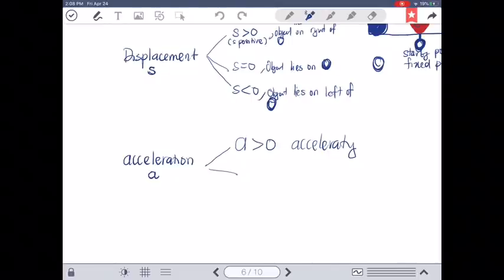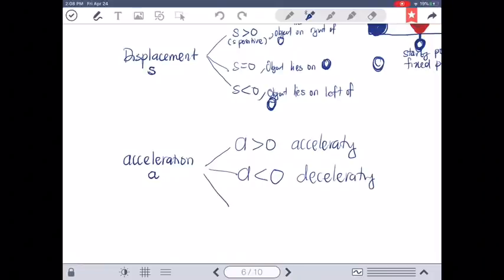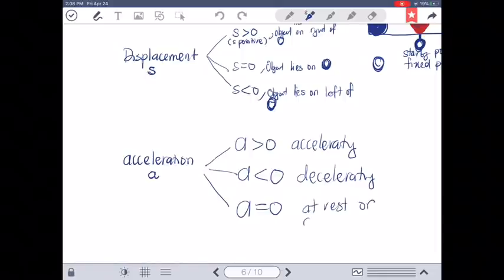If a is less than 0, then the object is decelerating. If a equals to 0, no acceleration, no deceleration, I would say either the object is at rest or at constant velocity. Okay.